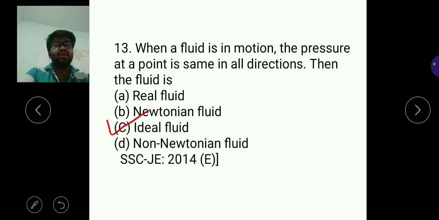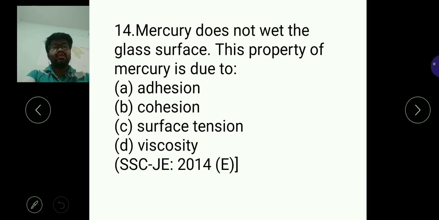So in case of an ideal fluid, the pressure at a single point will be the same in all directions. So option C will be correct.